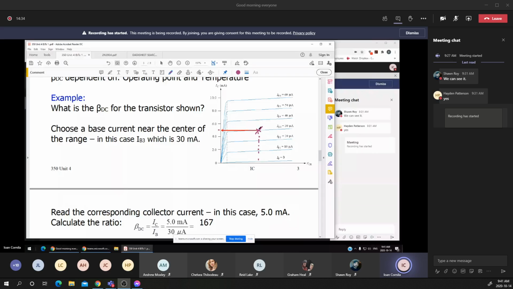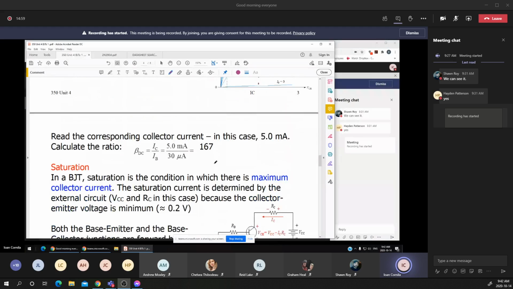That's the basic application of the characteristics provided by a manufacturer, in order to determine the beta from a provided graph.